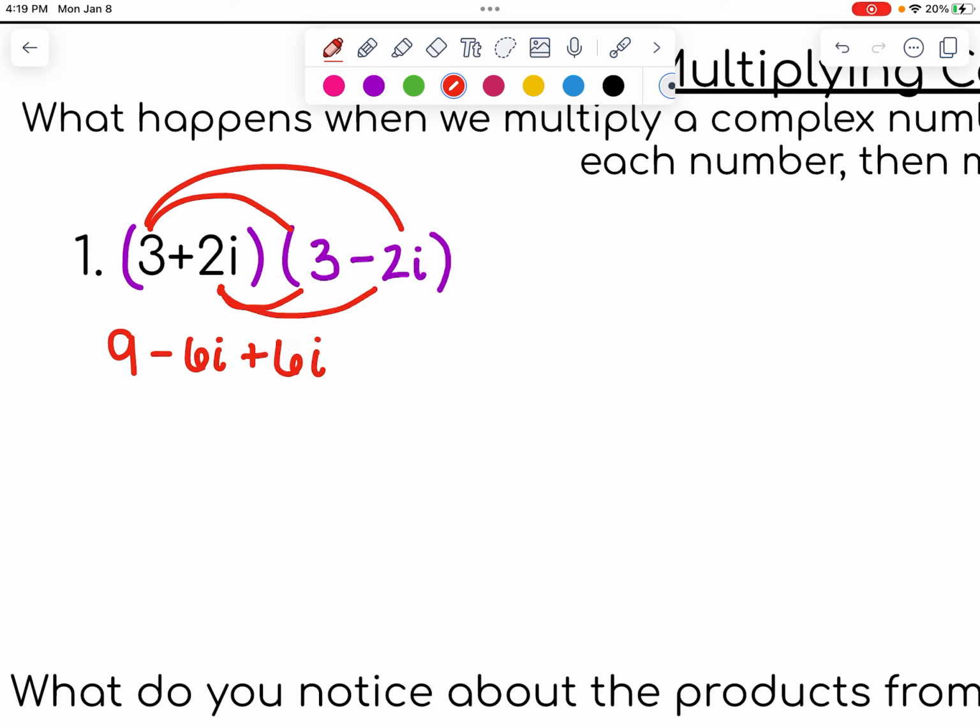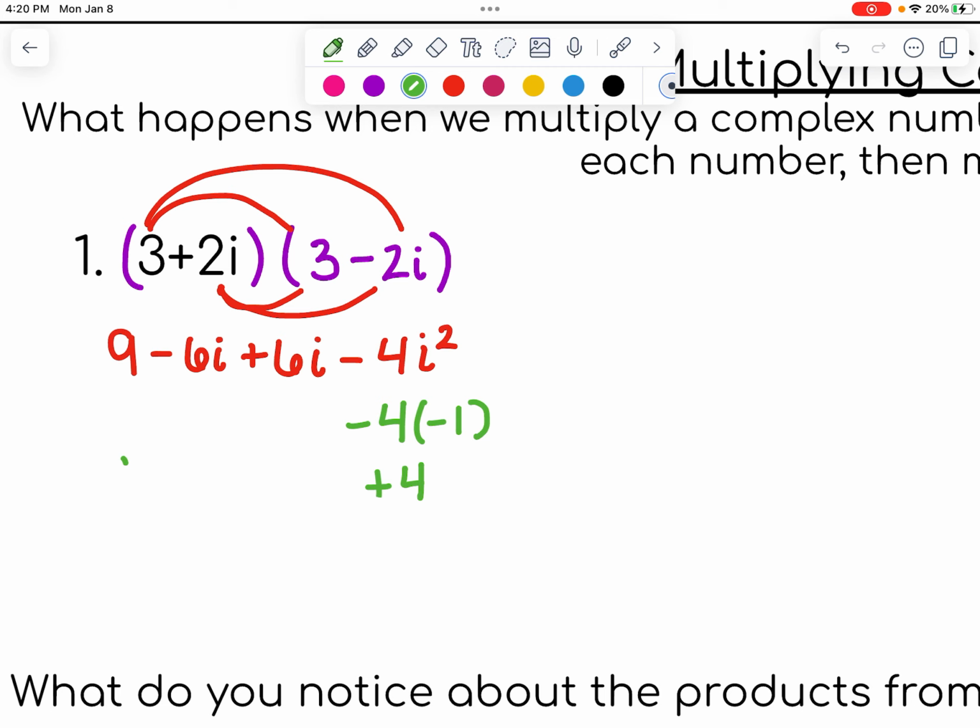And 2i times negative 2i is negative 4i squared. All right, I'll simplify the i squared first. Remember, i squared equals negative 1. I know we learned the powers of i, but this is the one that you really want to memorize because it's going to help you the most. i squared is negative 1. So now negative 4 times negative 1 gets me a positive 4.